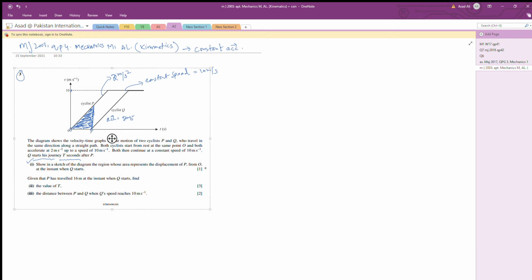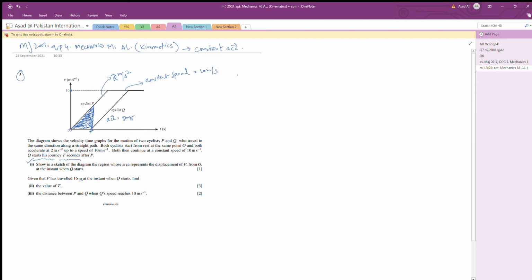Now, given that P has traveled 16 meters at the instant when Q starts, find the value of T. This is T basically. They say that when Q started its movement, P had already traveled 16 meters. So let's do part 2.